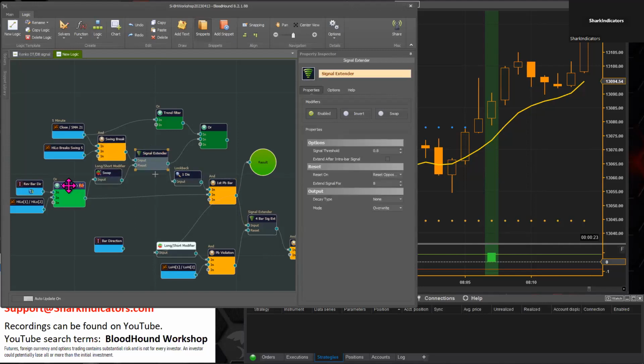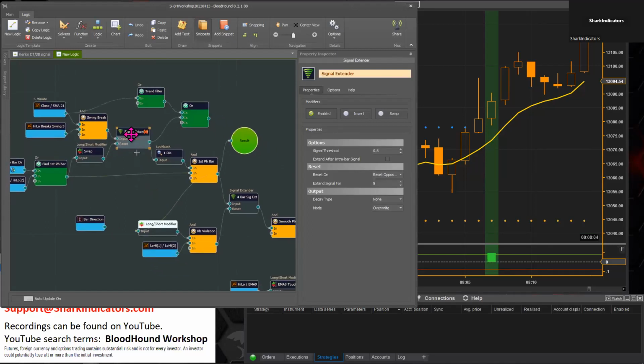Now, when this find the first pullback is used with the signal extender, it's used in the reset. And if you remember, I wanted opposite signals to turn off these function nodes.